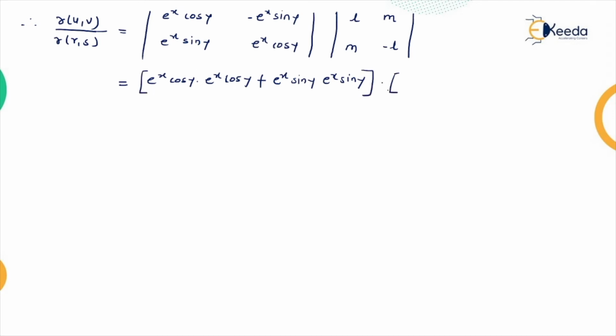In the second bracket, what is that here? Minus l, and here minus m, minus l square minus m square is there.